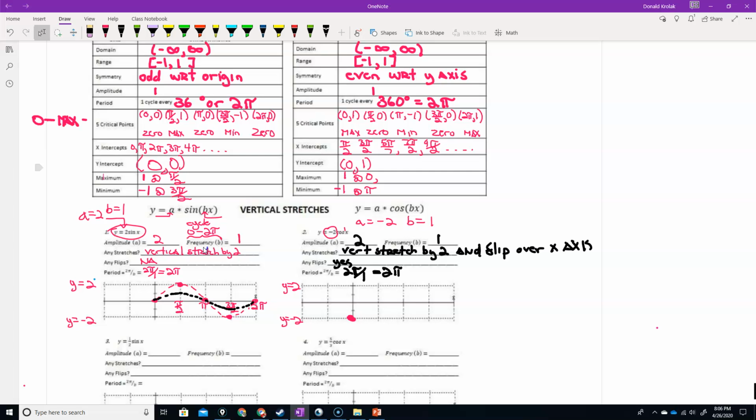Okay, the 0 doesn't move because it's on the line that you're flipping over. Okay, this used to be the min, but now since you're flipping it, it's the max. And then here's my graph. So it's just an upside down cosine because of the negative 2.